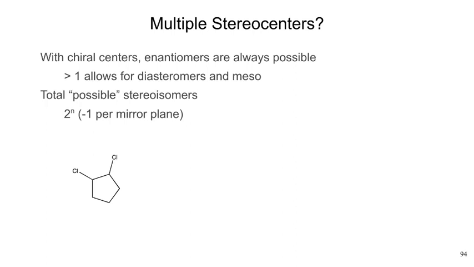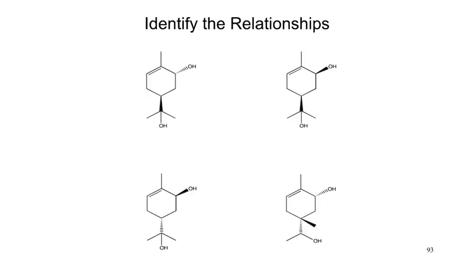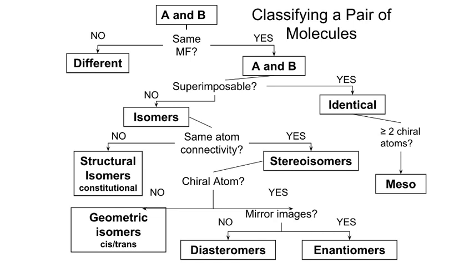And then what we'll do is look at the relationship between all of those four drawings and define them as enantiomers, mirror image, or we will talk about mirror images, but again, that's not a thing. Enantiomers, diastereomers, meso, identical, all of that. We'll define those relationships.